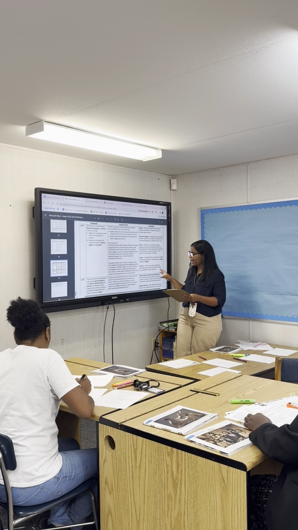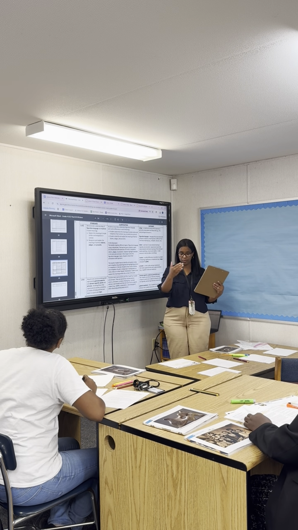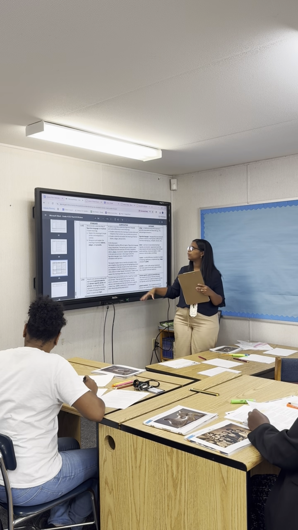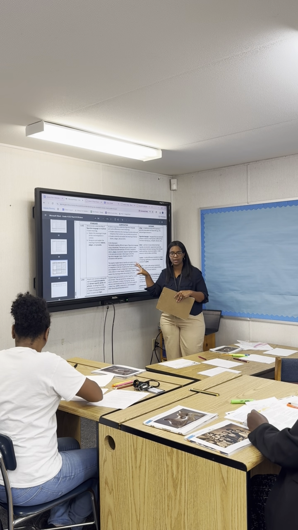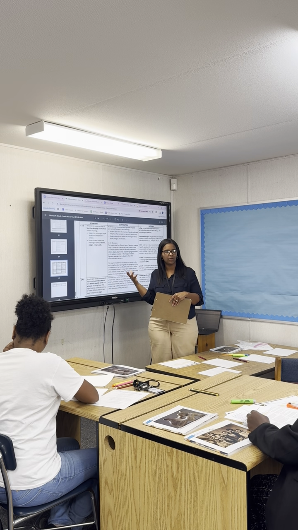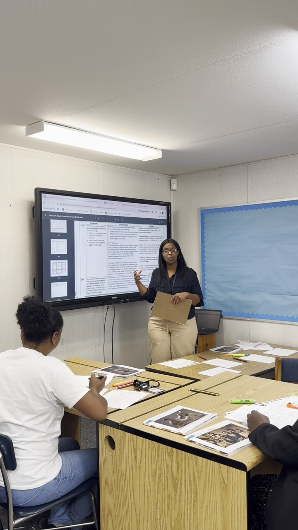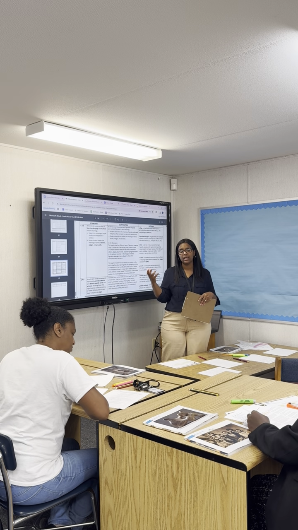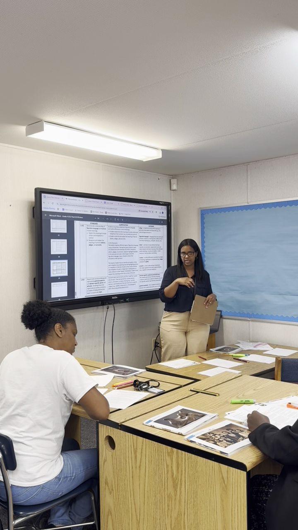So now that I've gone through my preview page, I've gone through the unpacking document, the next step would be to look at what does this look like on an EOG assessment, or what does it look like on a classroom assessment, okay, or a benchmark assessment.